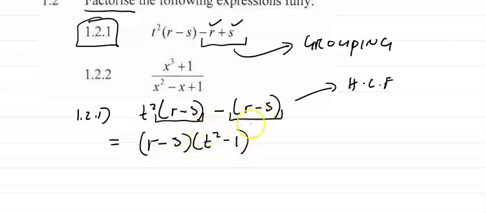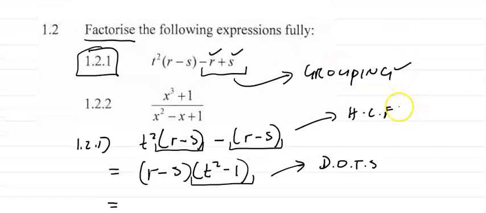T squared minus 1, because remember r minus s is your factor. Therefore, you now can see that t squared minus 1 is a difference of two squares.